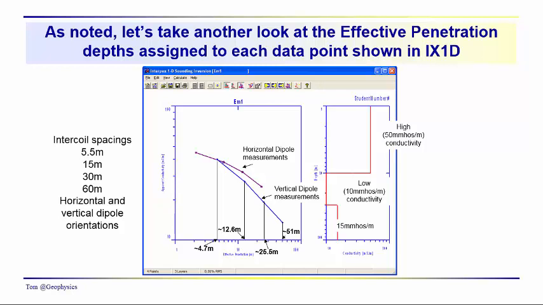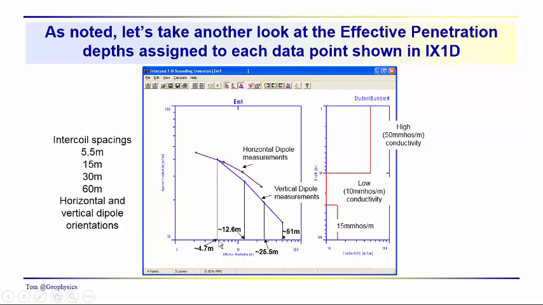Now in this video we want to come back and talk a little bit about the idea associated with this effective penetration depth. The data points in this display window here are plotted at what is referred to as their effective penetration depth.